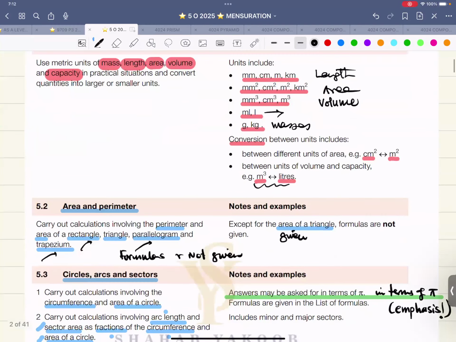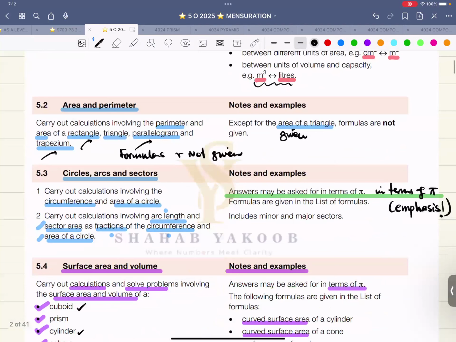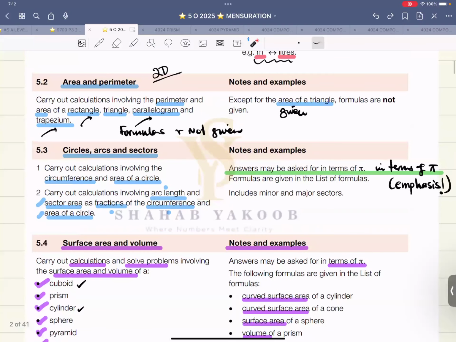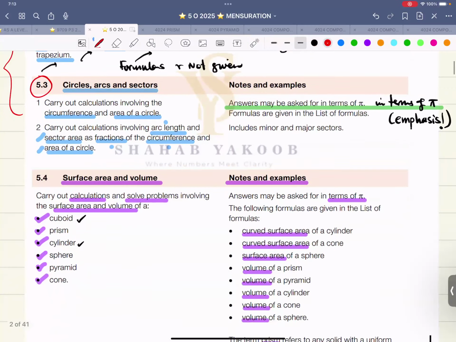Then 2D mensuration, that is about area and perimeter: rectangle, triangle, parallelogram, trapezium, circles, arcs, and sector. Both of these collectively, 5.2 and 5.3, are 2D mensuration.